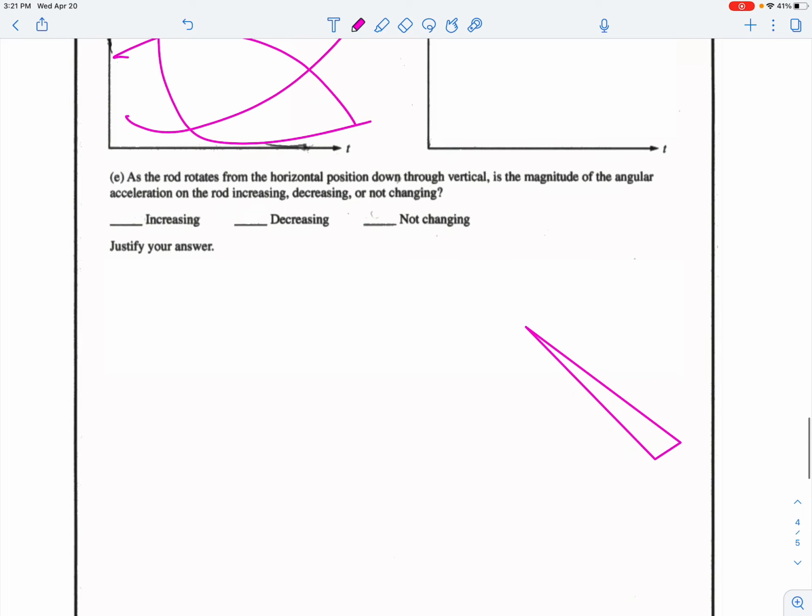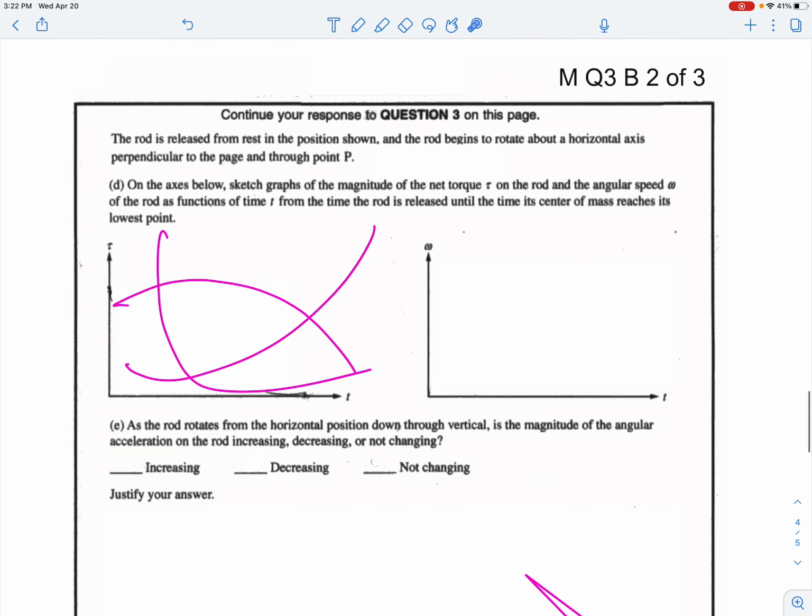Then as this thing drops, the weight of it would be causing the torque. This is your mg. The perpendicular part of the weight is what causes the torque, but as this thing goes down, this component is going to get less and less, so the torque produced by the weight is going to decrease.